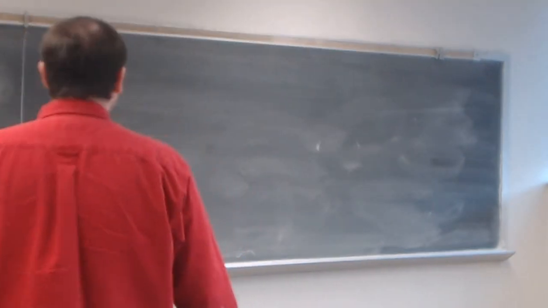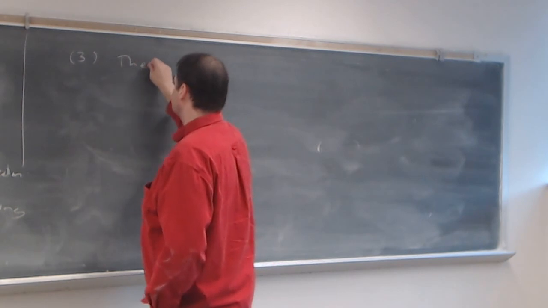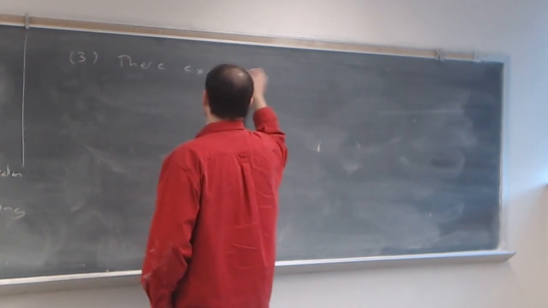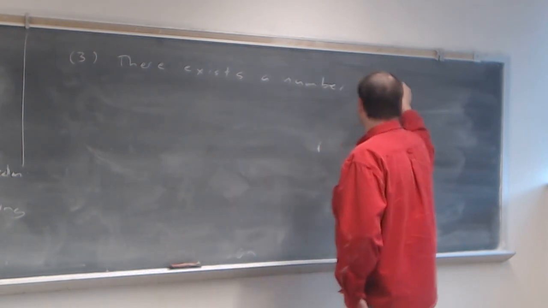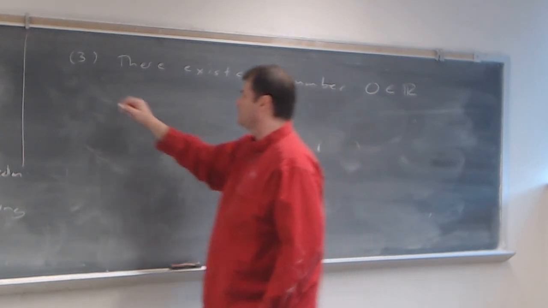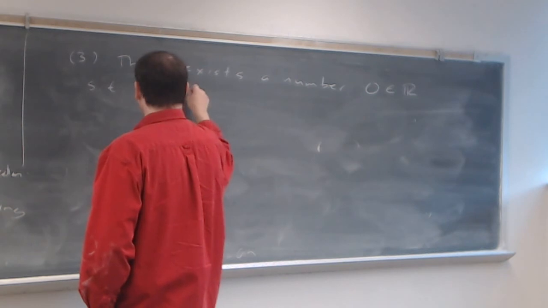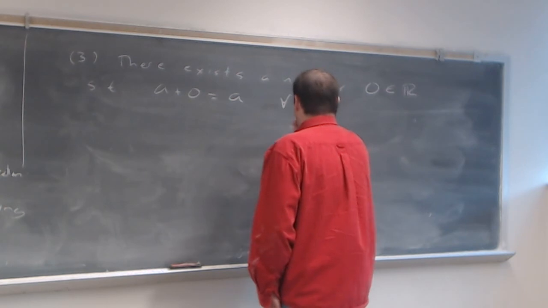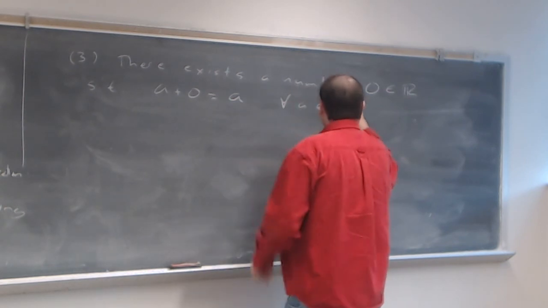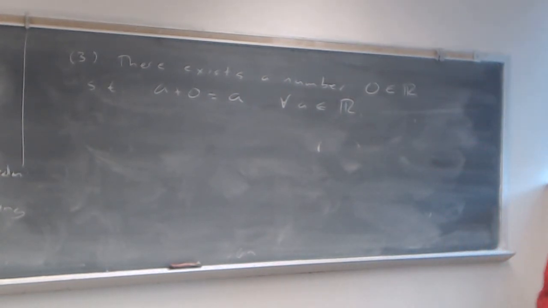The third thing is there exists a number 0 in R such that A plus 0 equals A for all A in R. This is called the additive identity. There's this number out there that when you add it to another number, you just get the original number you added.